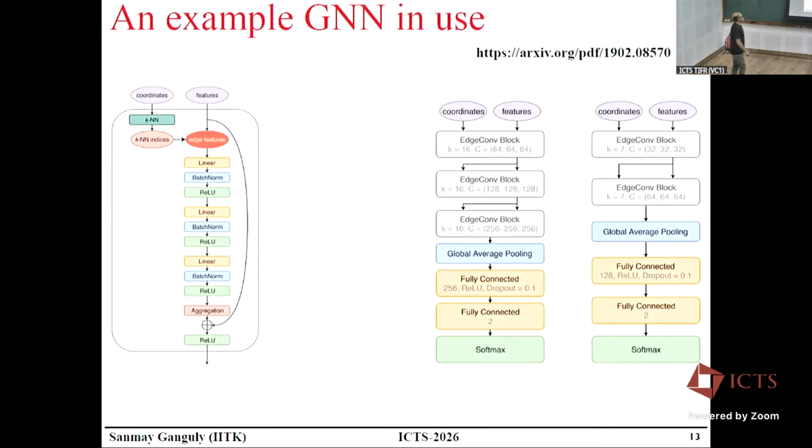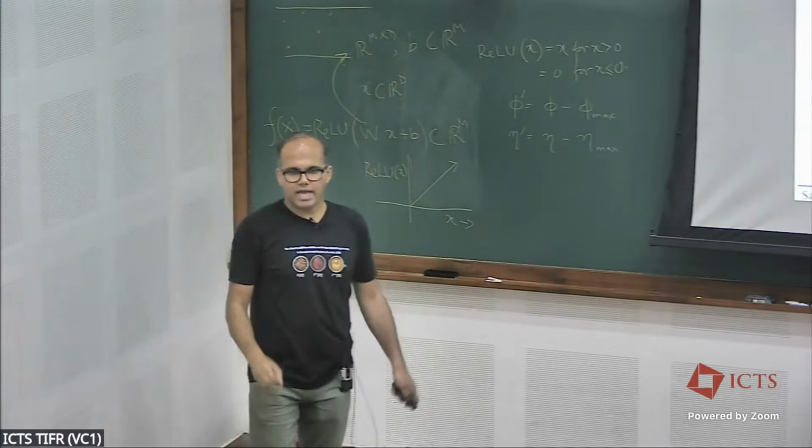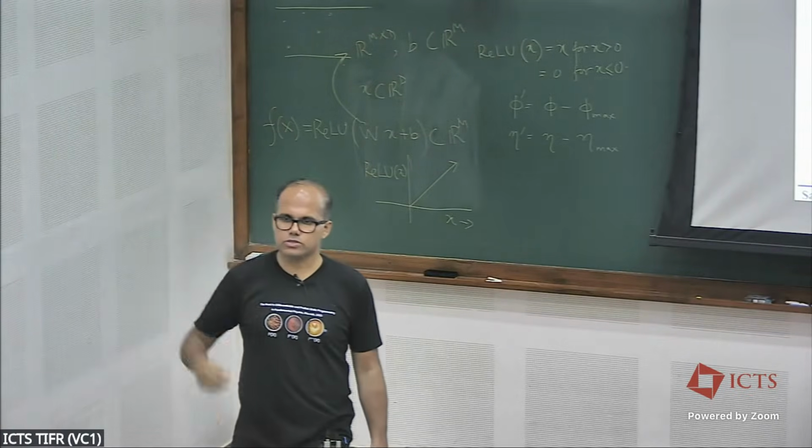This was ParticleNet, and this uses the idea of a dynamic graph network. Why? Because a little EdgeConv block, which you see here, takes, if there are particles sitting in 3D space having some coordinates, the coordinates as well as the features sitting on those nodes.